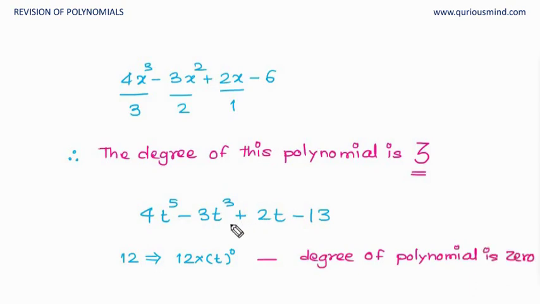Based on the degree, polynomials are named as a linear polynomial when the degree is 1, degree is 2 and degree is 3. In this case, this is called a linear polynomial. If the degree is 2, it is called a quadratic polynomial.